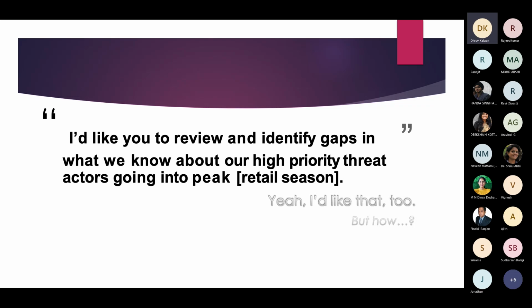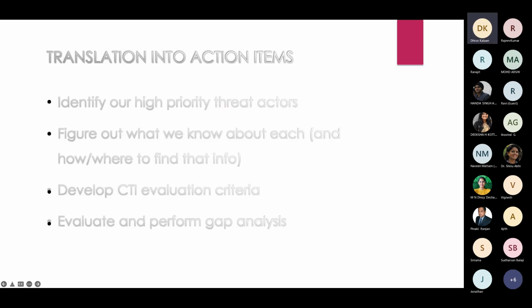What generally happens at this point is that you want to start doing your threat analysis, but how do we do it, right? That question keeps coming up, and CTI generally aids in these kinds of functionalities, where if any threat actors are targeting you at any specific instance of time, they start reflecting over here. So how do we do that? We identify our high priority threat actors.